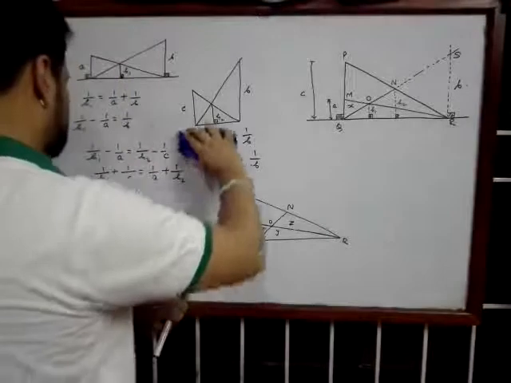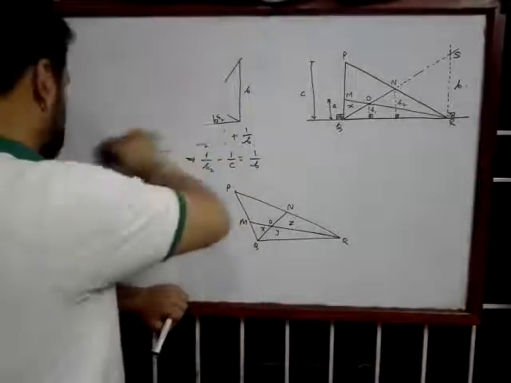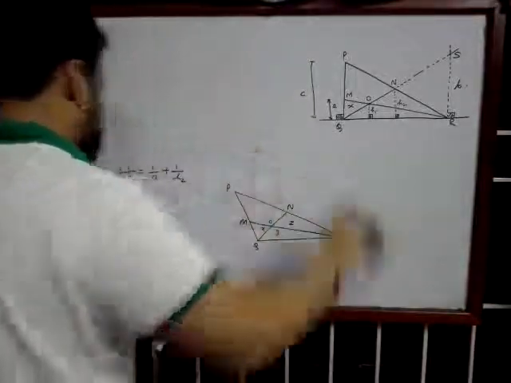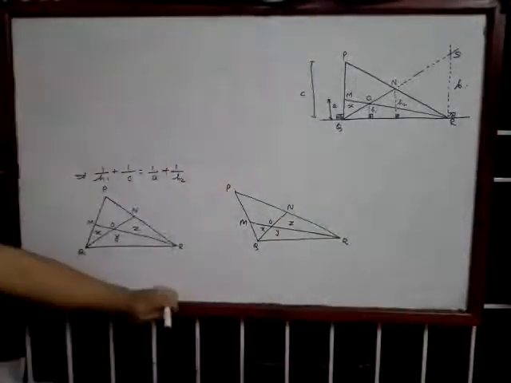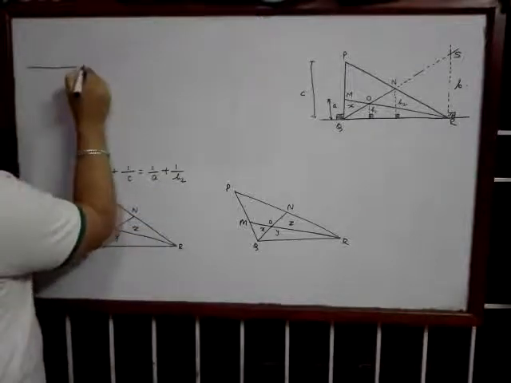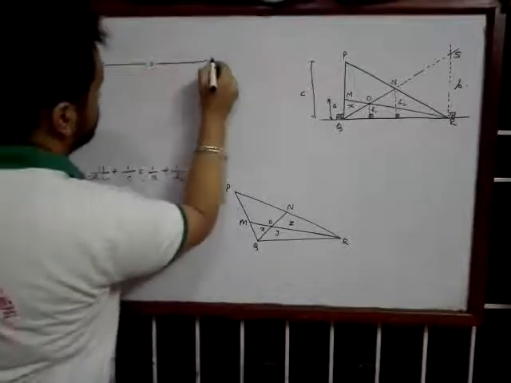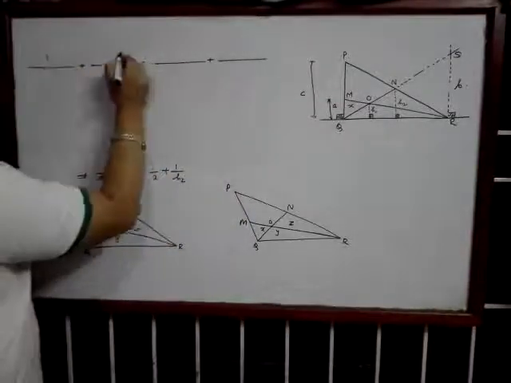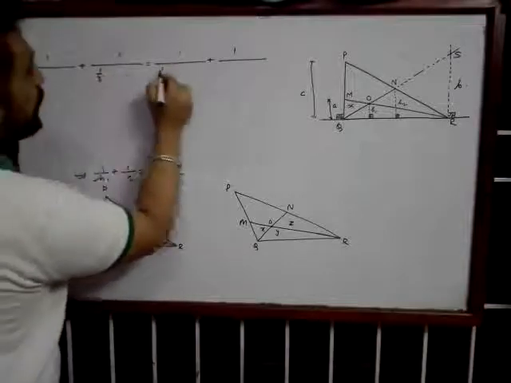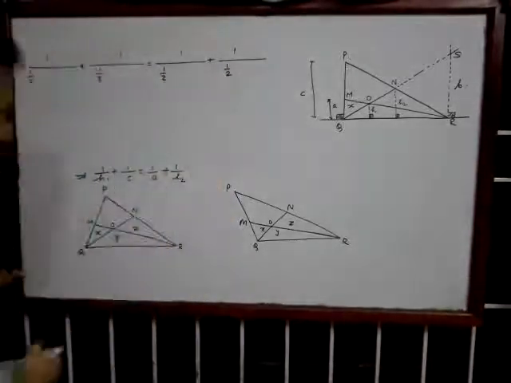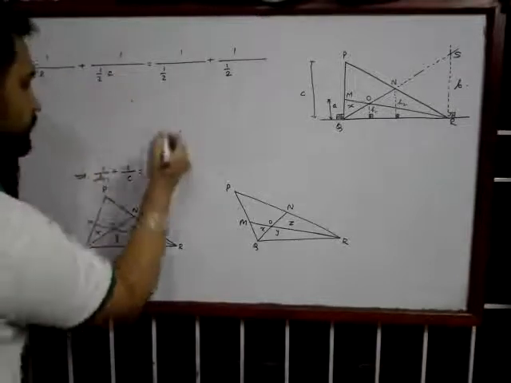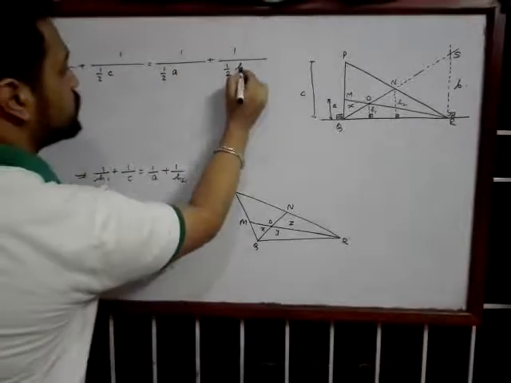Now, let's focus on this equation. Let's multiply the denominators by half. What we get? 1 over half H1, 1 over half C, 1 over half A, 1 over half H2.